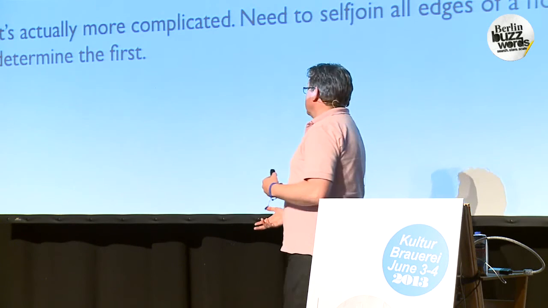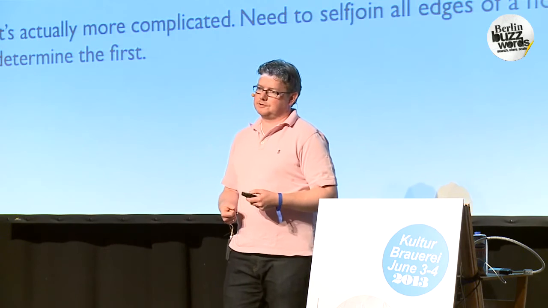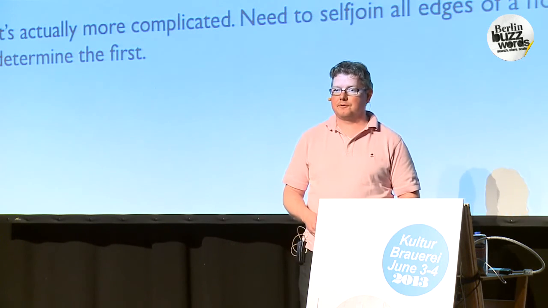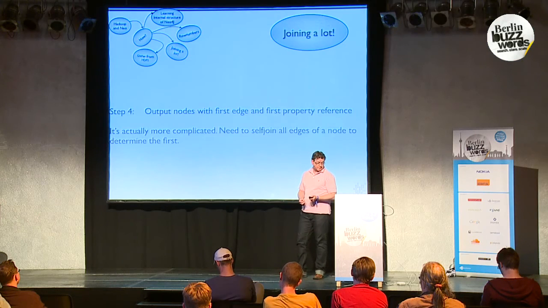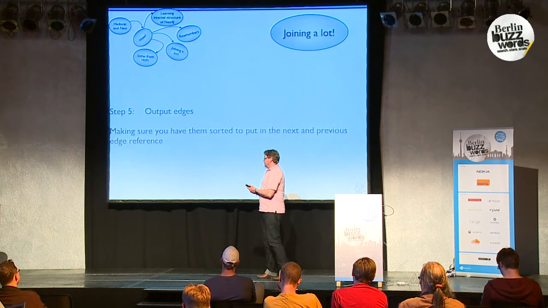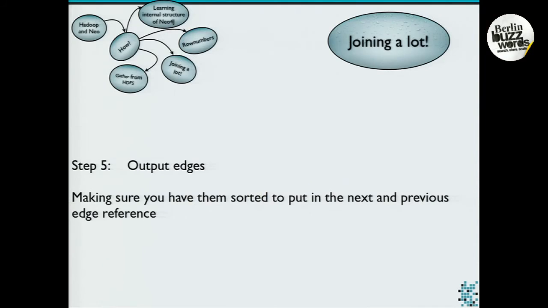And you have to do some self-joining with the relationships to know which one is really the first one. But well, I simplified it for this presentation. And the last thing is that you can output the edge information with the previous and next pointers and stuff like that.